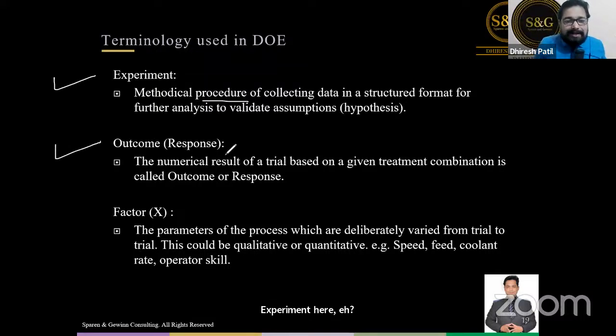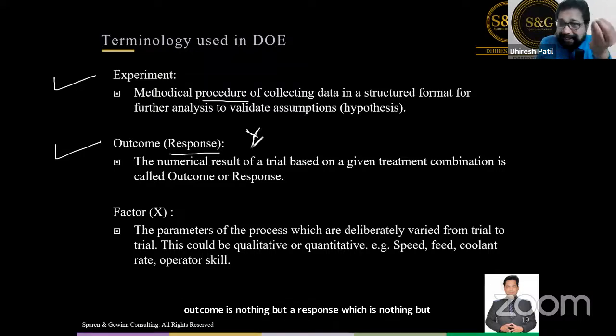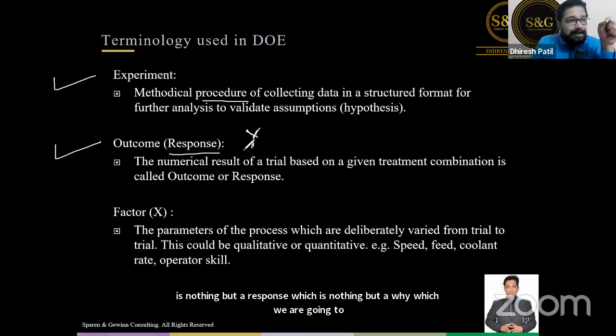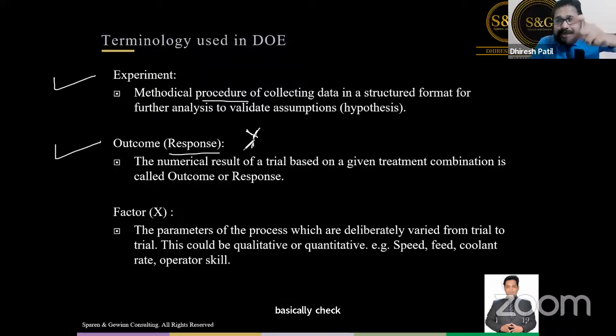Outcome is nothing but a response, which is nothing but a y, which we are going to check. Let's say when we are making tea with sugar and milk, what is our response? The taste. Yes or no? So taste is our response, our outcome, or our y.